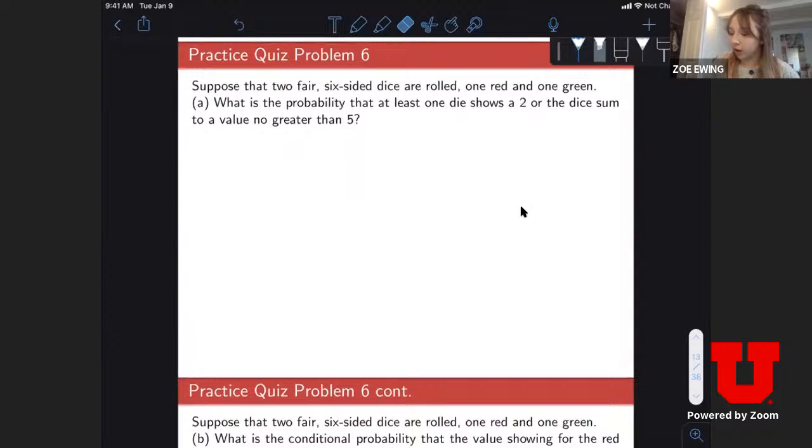So let's first find the probability that at least one die shows a 2.